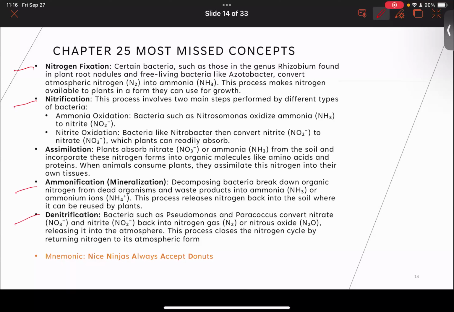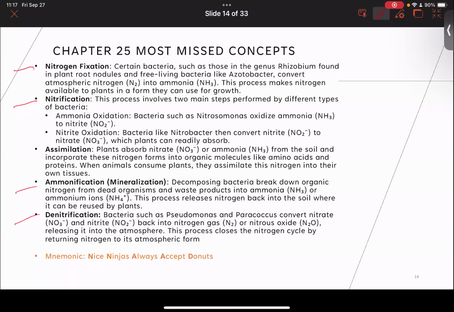So great, this is what happens with nitrogen. And again, I'm not going to have you define any of these, but there are different ways that bacteria deal with nitrogen in the environment that is helpful for plants to be able to use it.